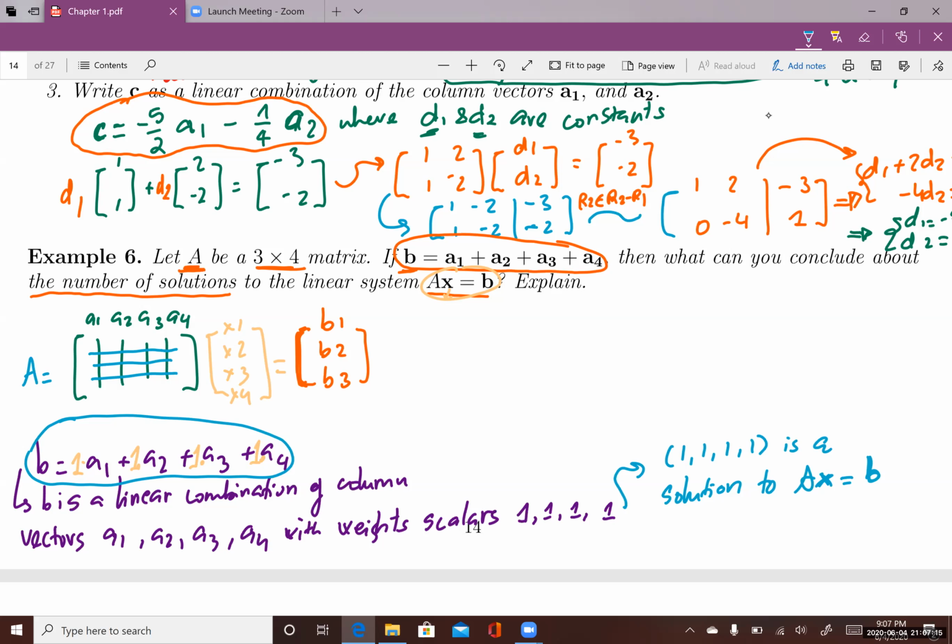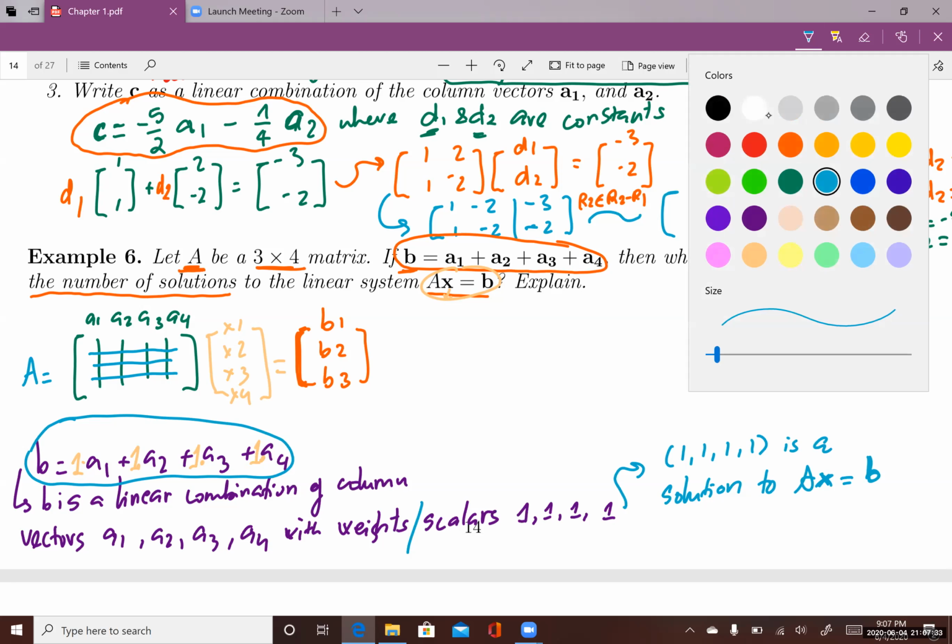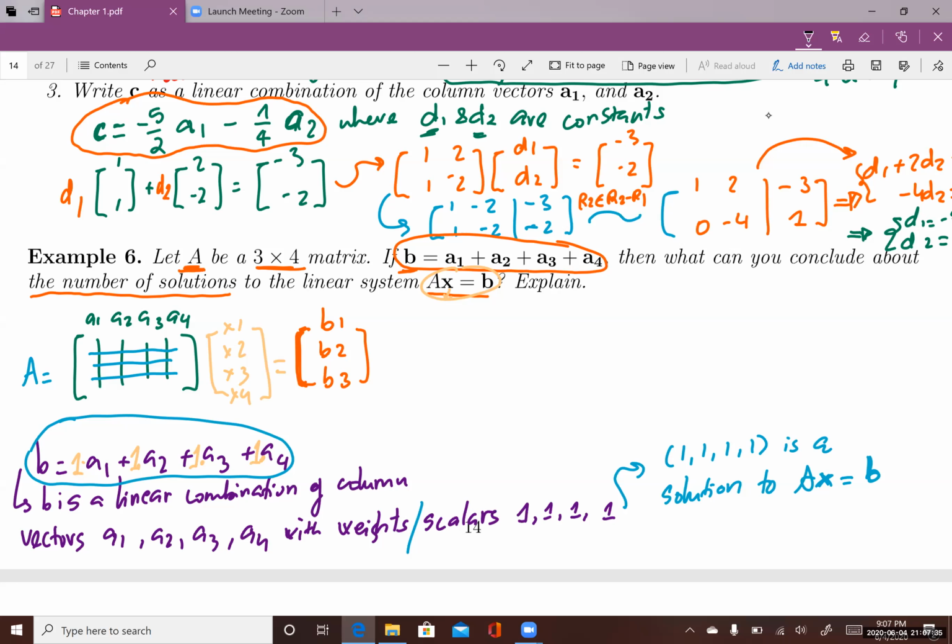You will get the column vector B. So if B is a linear combination of column vectors of A with weights 1, 1, 1, 1, then that is a solution to AX equals B. That means the system AX equals B is consistent. Well, it has at least one solution, right? But consistent doesn't mean it only has one solution.